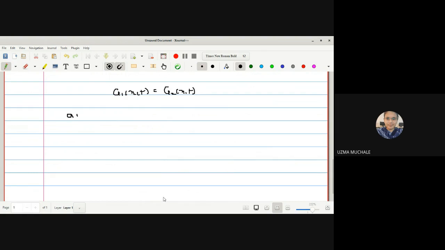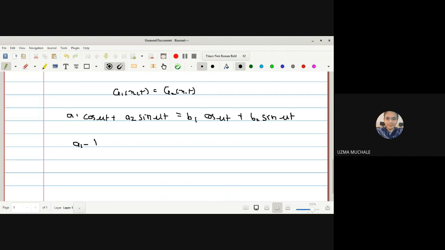What is your g1? It is a1 cos mu t plus a2 sin mu t, which is equal to b1 cos mu t plus b2 sin mu t.